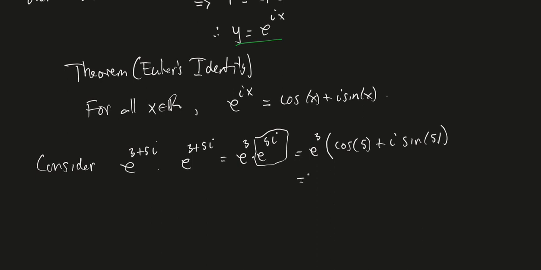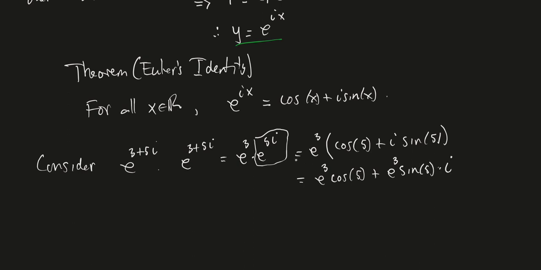And then if I were to distribute the e to the third power, then I would have e to the third power times the cosine of 5, and then we will have e to the third power times the sine of 5 times i.